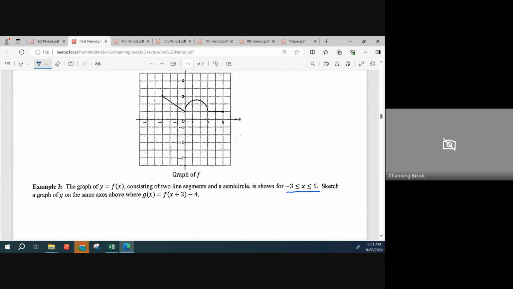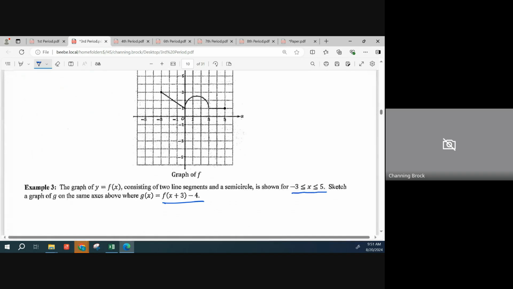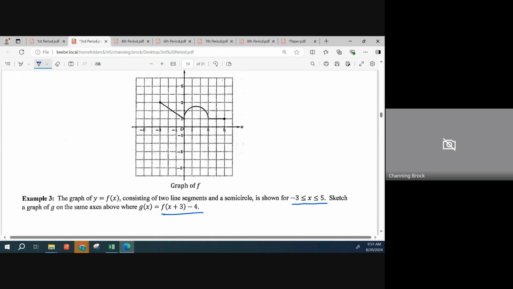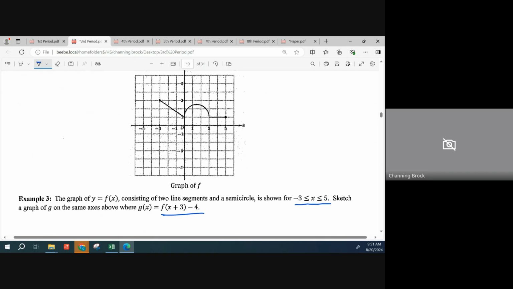So what's the easiest way for me to do this? Based on the transformation, what do you think the easiest way to do this example is? Well, yeah, I mean, and what's happening? Yeah, it's going to go left 3 down 4.